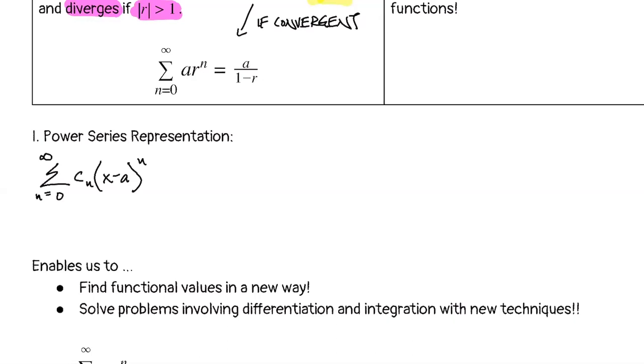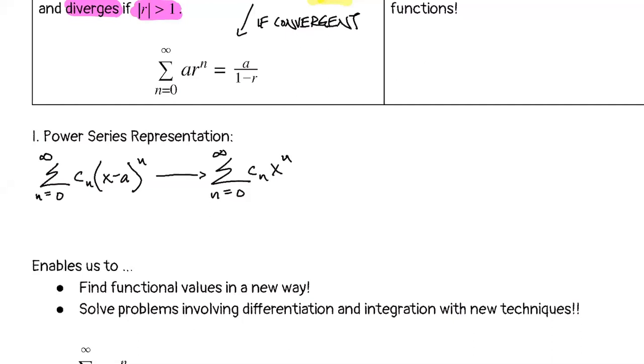So we can keep this c sub n, but the a is going to go away, and we'll just have x to the n. We're assuming a very special case where we're looking at things that are centered around 0.